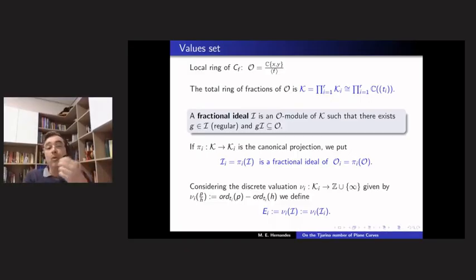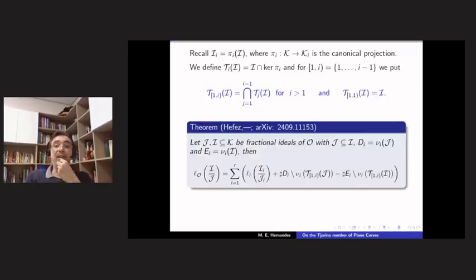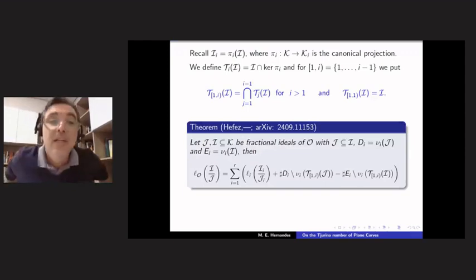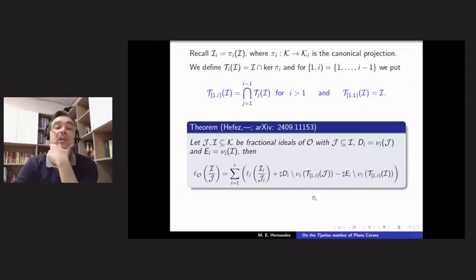Using the value set, we are able to present the first result. The first result considers the kernel of the projection, p_i, to the total ring of fractions, the field of fractions of K_i. We consider the kernel of the projection and intersect it with the fraction ideal. We denote it by T_i.